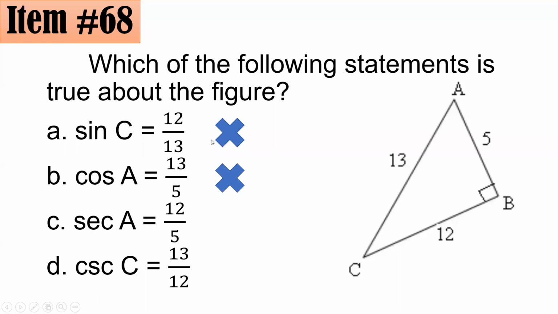How about yung secant A naman po? Hypotenuse over adjacent. Tama. So ano po dapat yung secant A? 13 over 5. Tama. Dapat 13/5 yung secant A. So mali din po ito. How about yung cosecant C po?